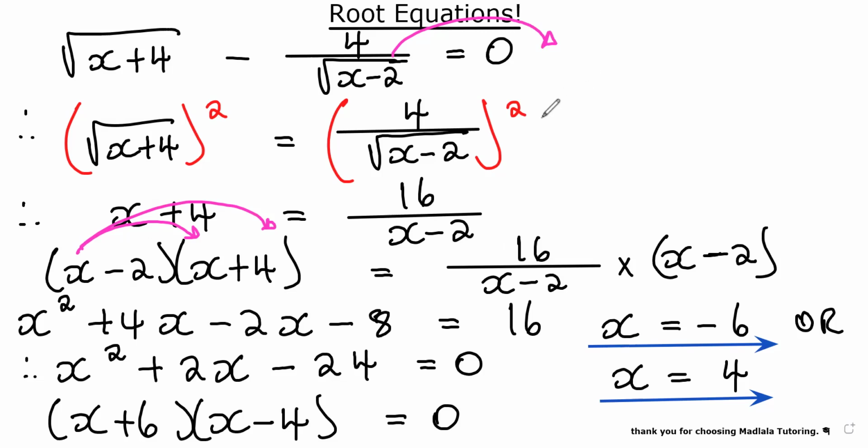And once again, for squaring on both sides, that is a mark. For writing this in standard form, that is a mark. And for factorizing and for stating your solutions. Yes. So here there was no selection.